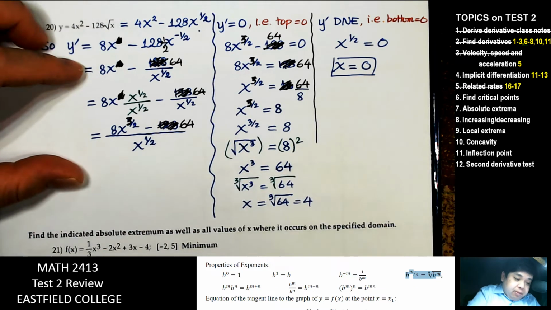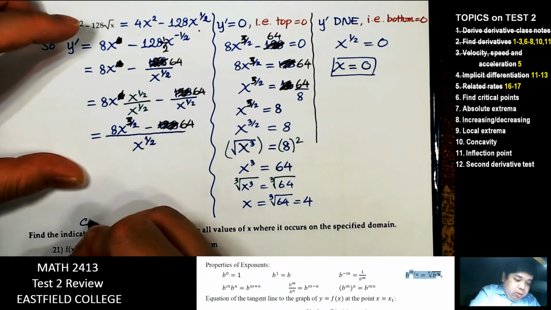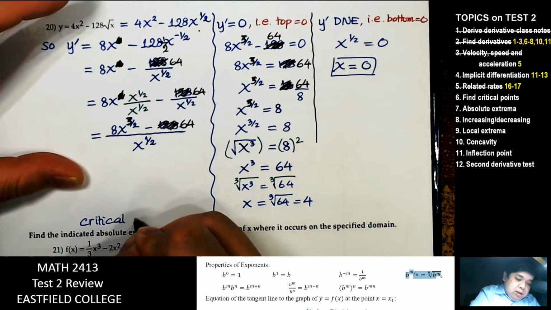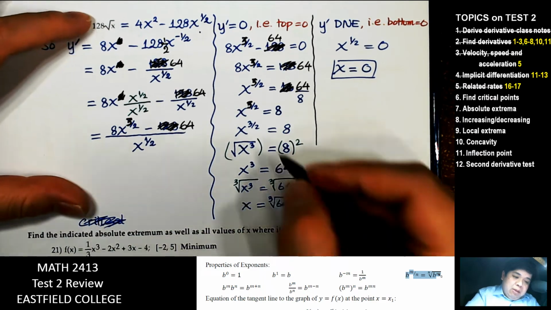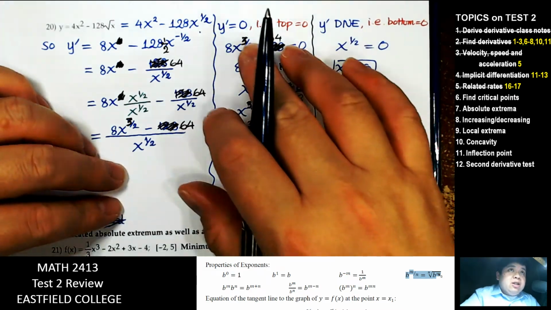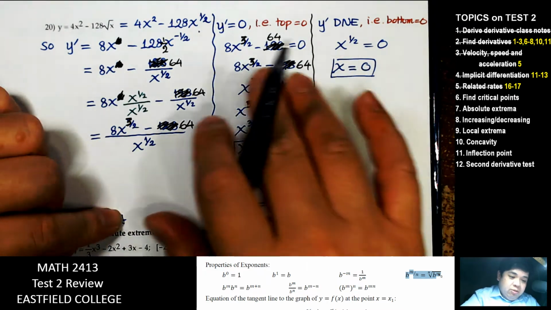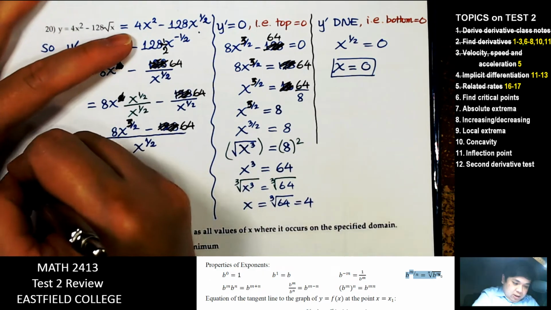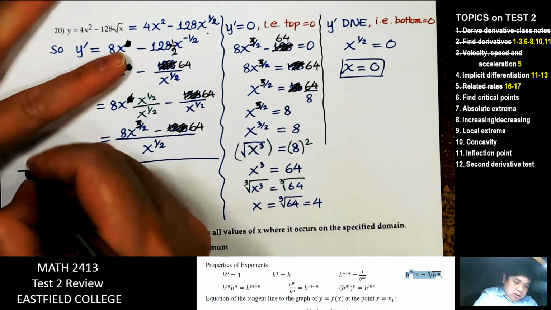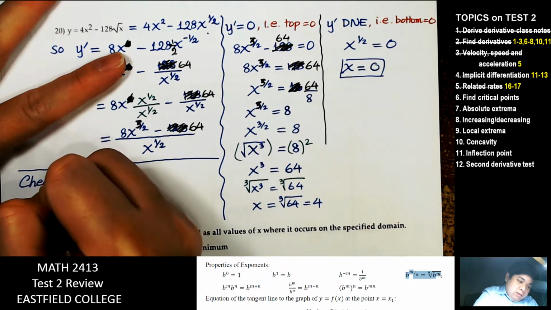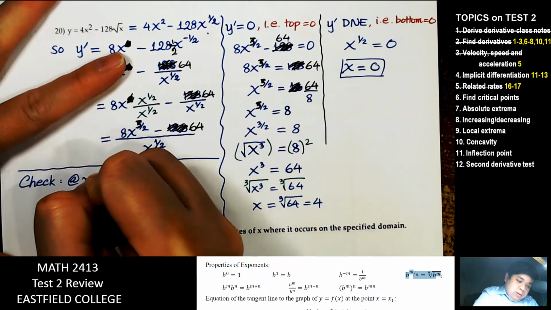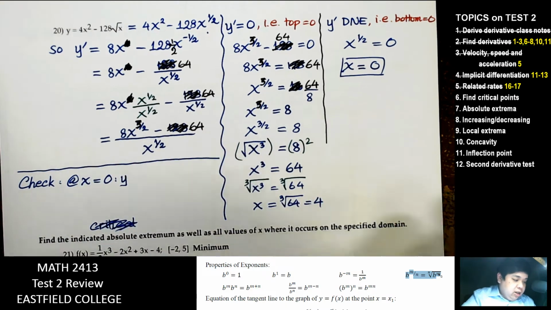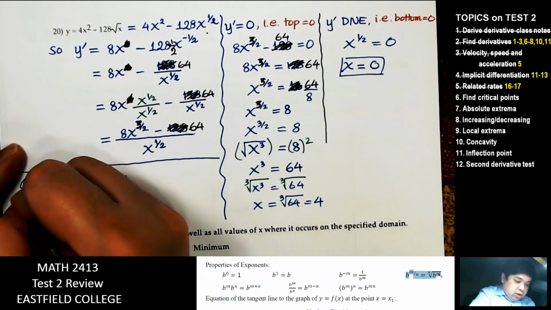So we'll check the critical points. After we find the derivative, the top is 0, the bottom equal to 0, does not exist. We check, and every time we check with the original function.